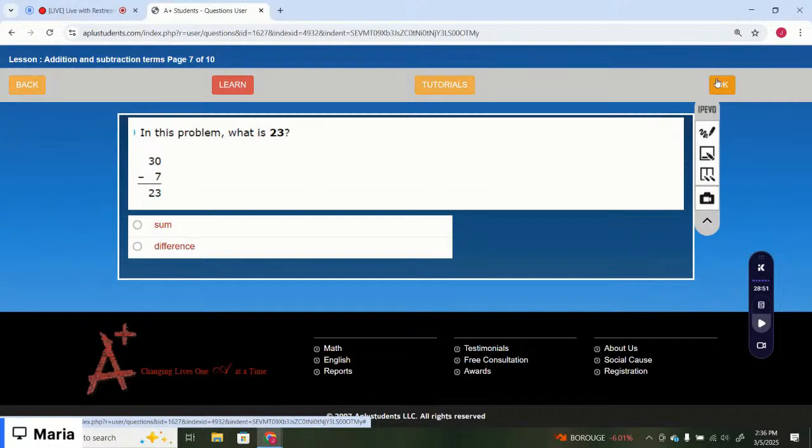In this problem, what is 23? That is the difference. 23 is the difference of 13 and 7.